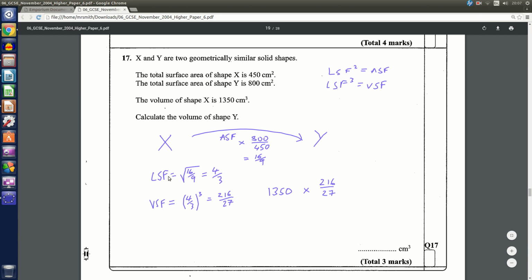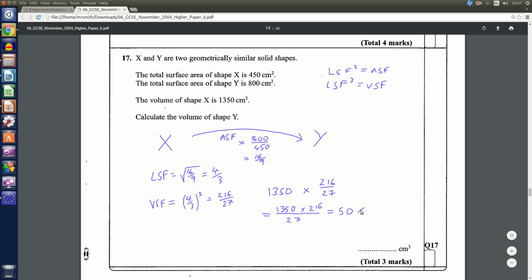Okay, I just wanted to check, but actually it is a calculator paper, you'll be pleased to hear. I thought this looks rather tricky at the end, but we can do it without a calculator. This is the same as 1350 times 216 over 27, and the good news is that 27 goes into 1350 quite nicely, because 2,700 is exactly double 1350, and therefore it's going to go into it 50 times.